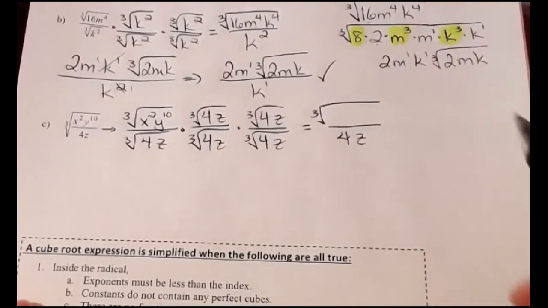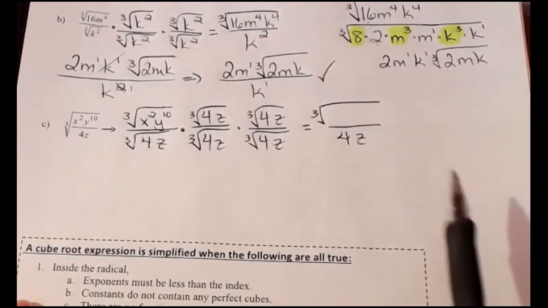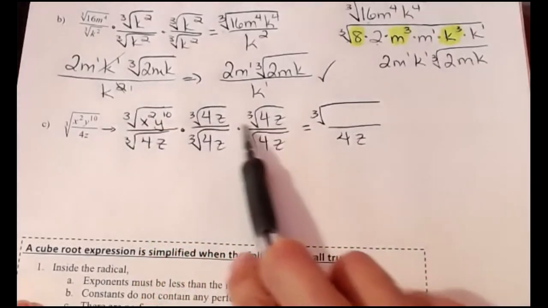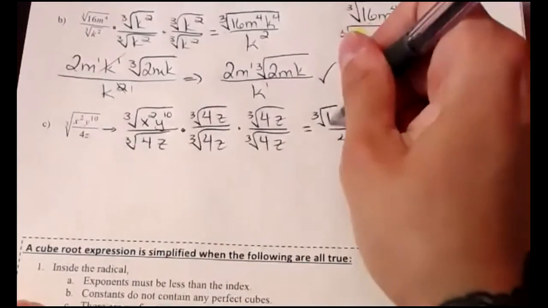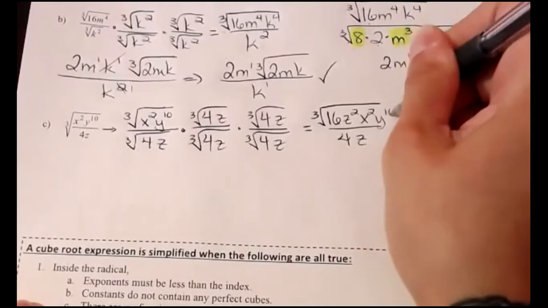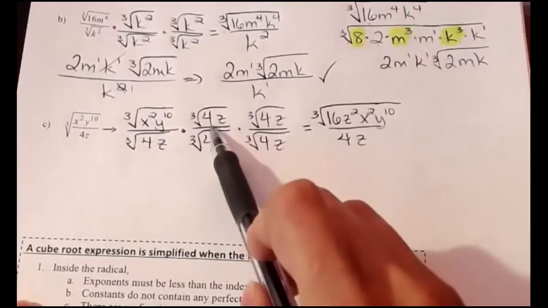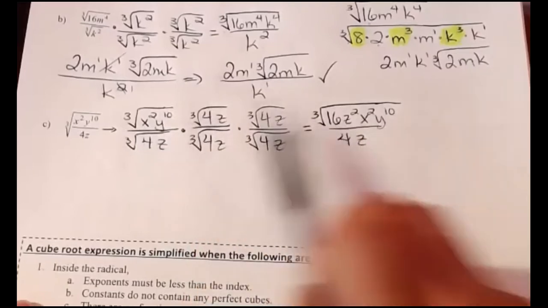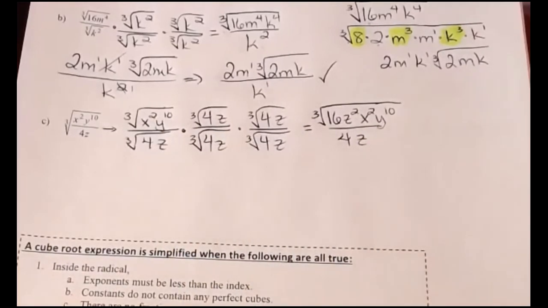We have more than that. Take a look at all of them. Put them all together. 16 z squared x squared y to the 10th. Yes, perfect. All of that was in the numerator under the radical.